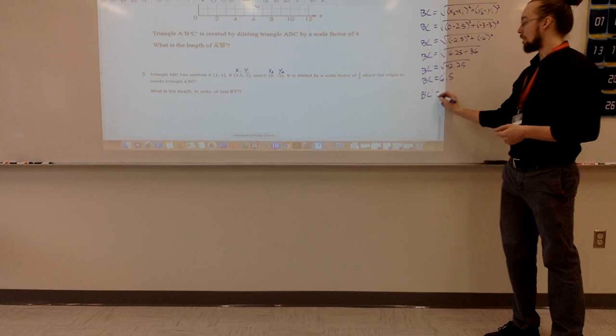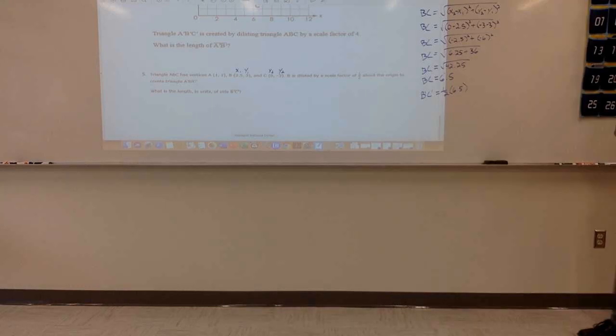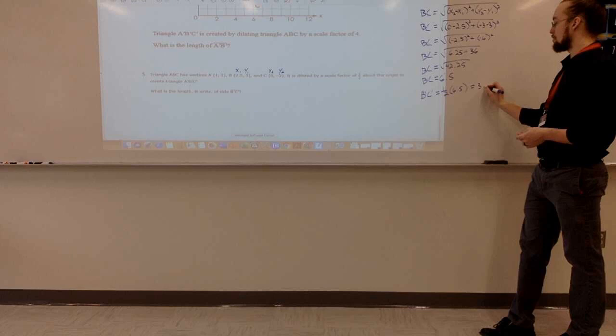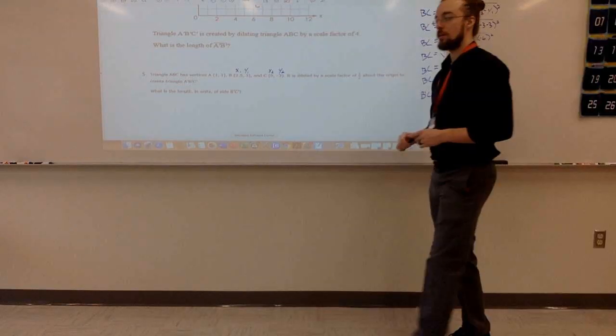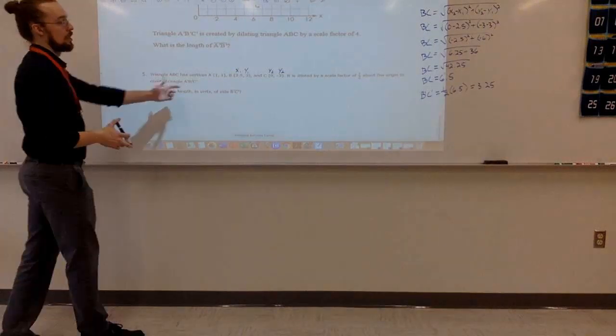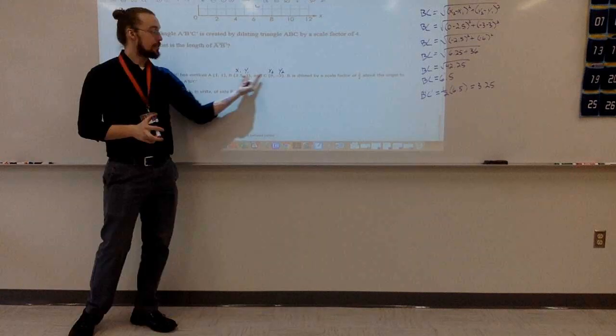So 1/2 of 6.5 is 3.25. So whenever we're given coordinates and we're dilating, just find the distance between the original coordinates and then multiply that length by the scale factor. Okay? Questions?